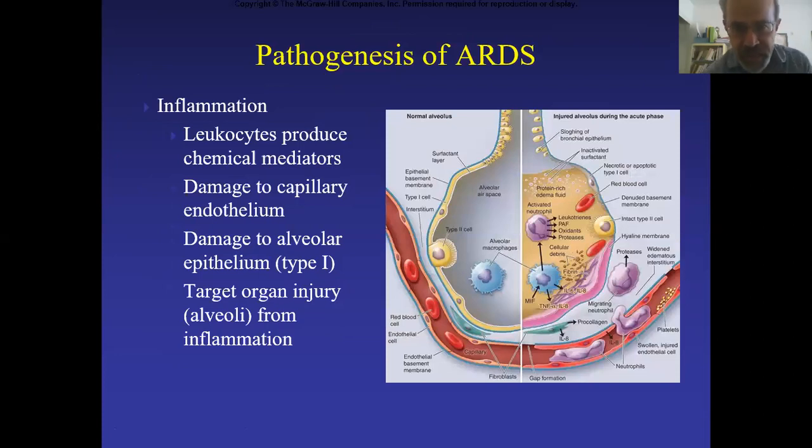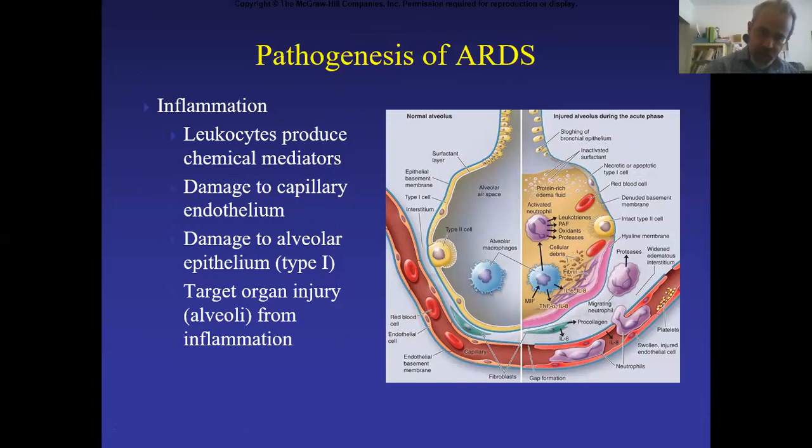The pathogenesis of acute respiratory distress syndrome is just like with a lot of our responses, if our immune system gets a little bit out of whack. We want our immune system to work, right? But sometimes it becomes overactive at a particular tissue. You've heard of autoimmune diseases.